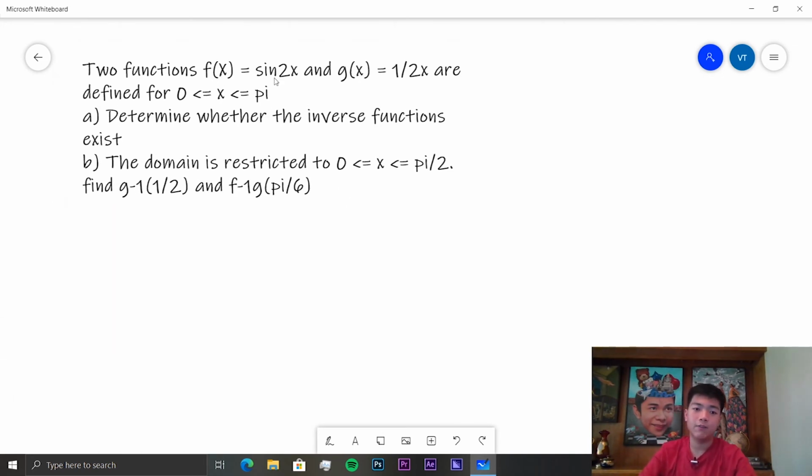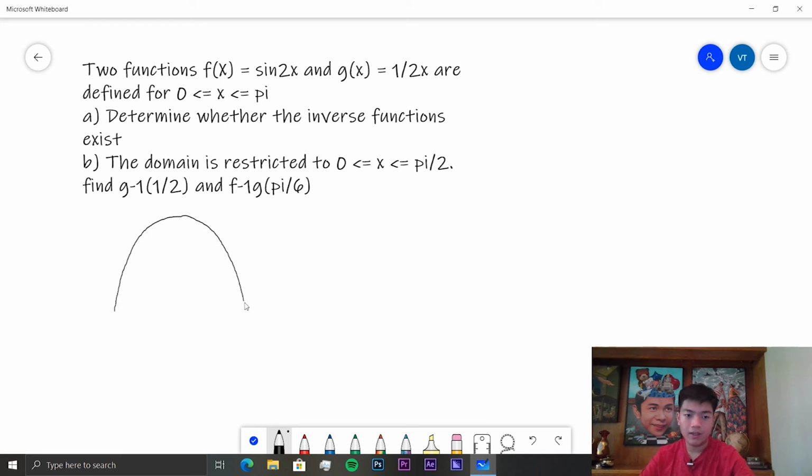Okay, so first, does the function sine 2x, or the inverse function of sine 2x, exist on the domain 0 is less than or equal to x is less than or equal to pi? No, because if we look at this, this is the sine function for those points. This is 0, and remember it intersects back at pi.